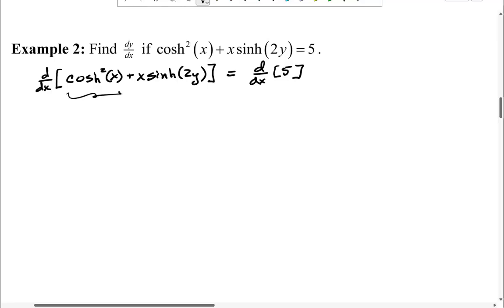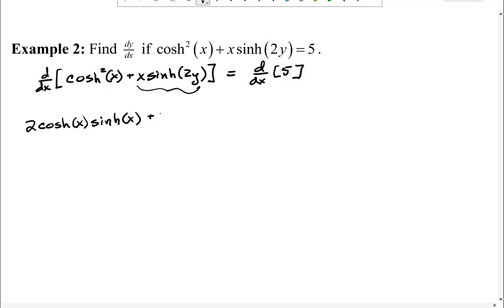So for this first term, we're going to use the chain rule. And with the next term, we're going to need to use the product rule. So we have the first function times the derivative of the second function.